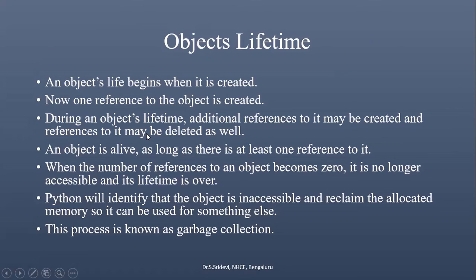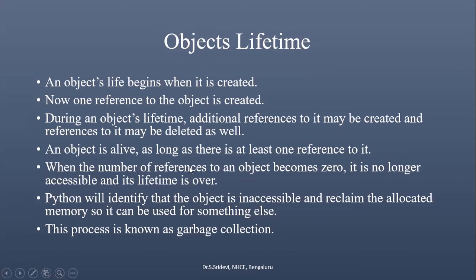So when we do that, how long can we say that the object is alive? An object is said to be alive as long as there is at least one reference to it. Whenever we delete the references to the object, the number of references to the object will become 0. At this point of time, we cannot access that particular object and its lifetime is said to be over.